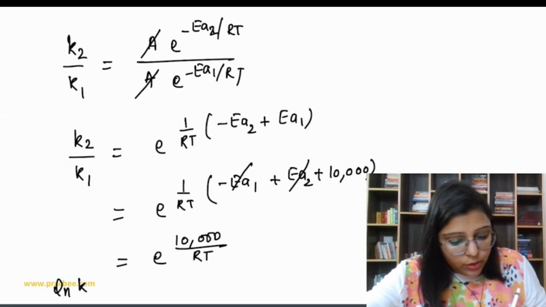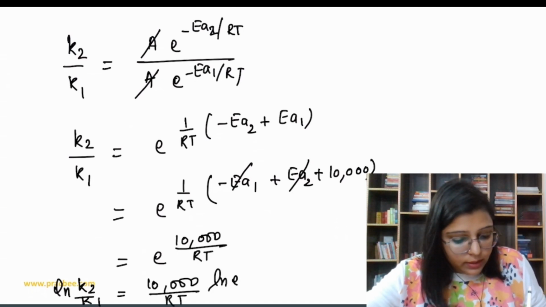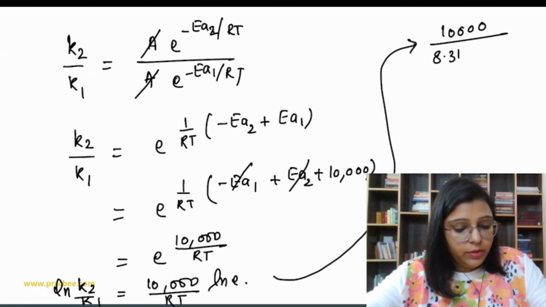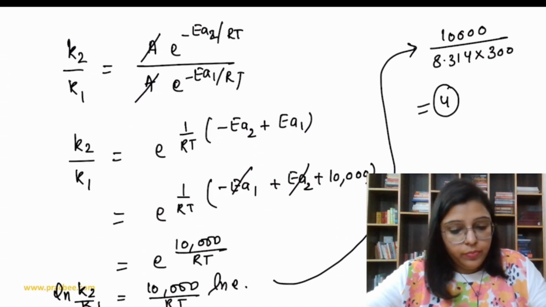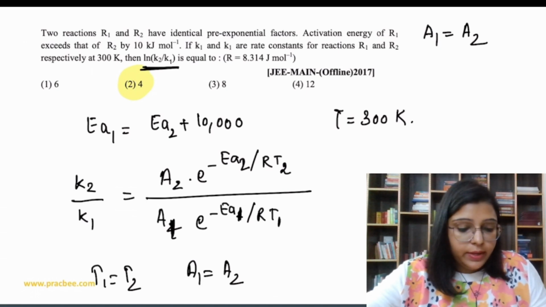So ln K2 by K1 is equal to 10,000 over RT times ln e. So it means 10,000 upon 8.314 into temperature 300. So we have to solve this one. When we solve this one, we get the answer equal to 4. So the answer is 4. Okay. Now let's do the next question.